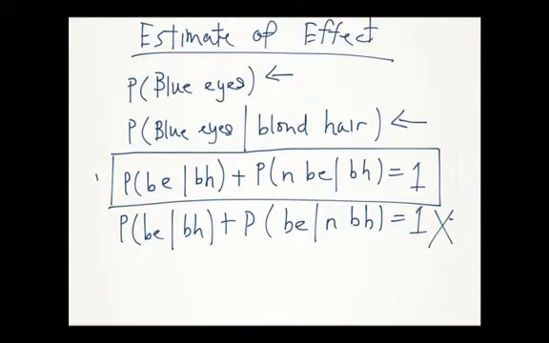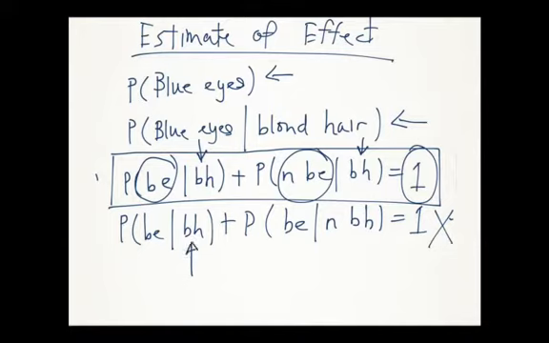And the reason is, here we've conditioned on the same thing, right? We're conditioning on blonde hair, blonde hair. So given that someone has blonde hair, they either have blue eyes or they don't have blue eyes. And that covers all possibilities for people with blonde hair. That's why we say this adds up to 1. In the second case, we are conditioning on two different things.